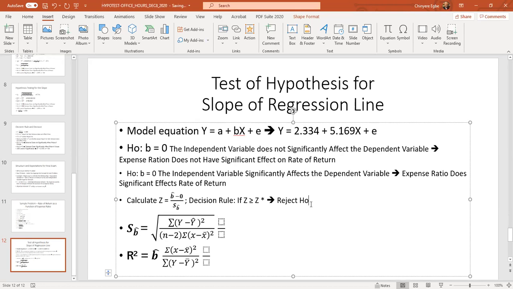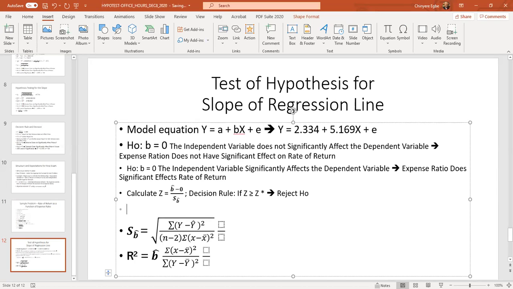But what is your Z star? We know how to select Z star. We have to select a level of significance. Let us say, for example, we take 0.01, and let's say we have a large sample.